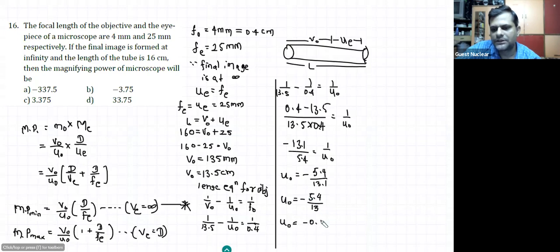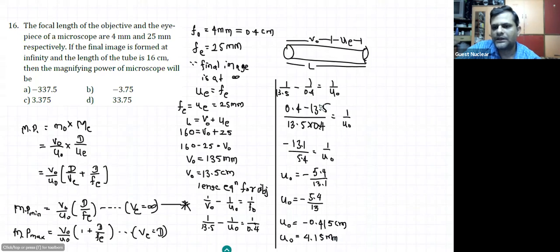So 13 fours are 52, and then 2, carry, it becomes 20. 13 ones are, and then 7 is left, so it becomes 70. So 13 fives are, and that is going to be in centimeter actually, which can also be expressed in millimeter. So it will be 4.15 millimeter.